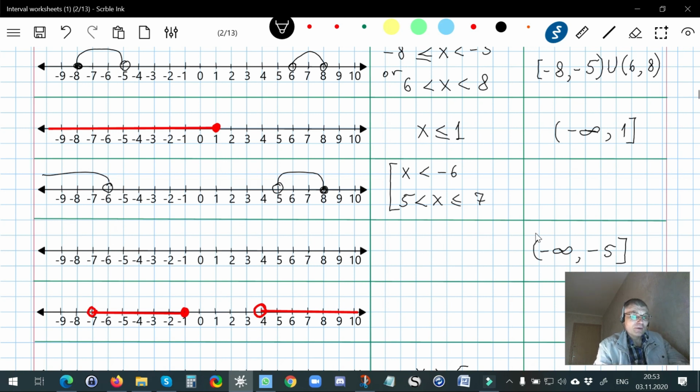The interval notation gives me from -infinity to -6, open, and this is unified with from 5 open to 8, why 8? It's 7.